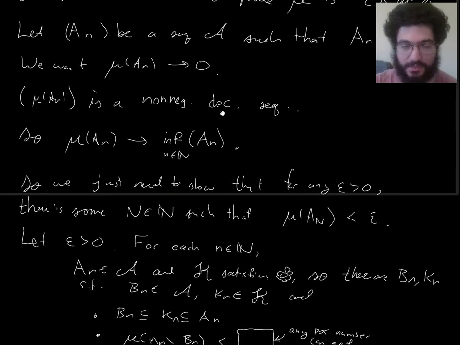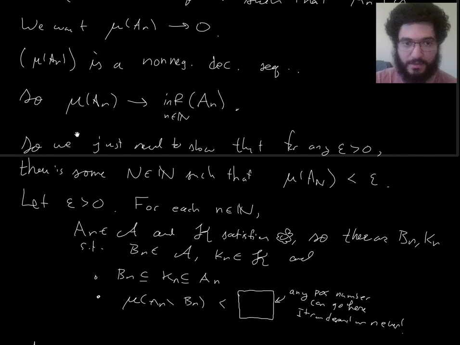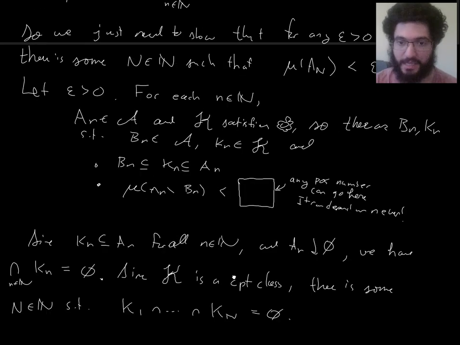Since that's a decreasing non-negative sequence, I'm basically just trying to show that the infimum of these numbers is 0 rather than being strictly greater than 0. So I just need to show that for any positive epsilon, there's a big N such that mu of AN is less than epsilon. I claim that the big N that I found down there is that big N that I want.